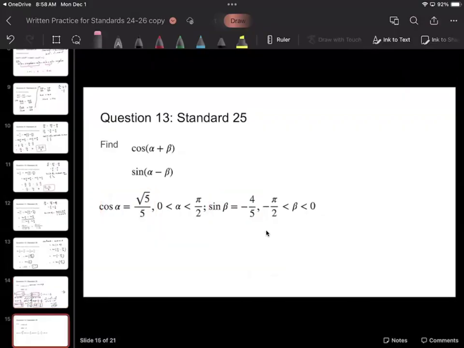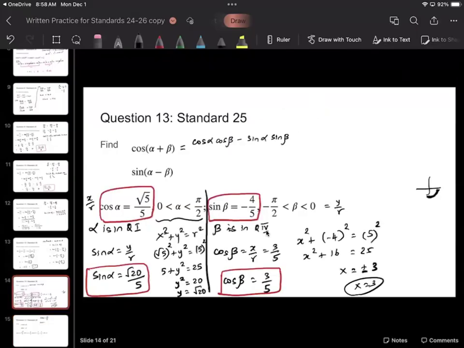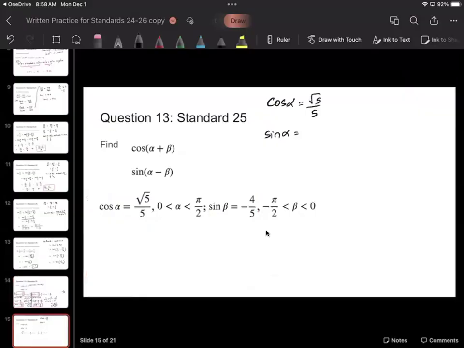So what do we have? I'm just rewriting it. We have cosine A was given to us, and we found sine A to be root 20 over 5. Sine B was given to us, and we found cosine B to be 3/5.